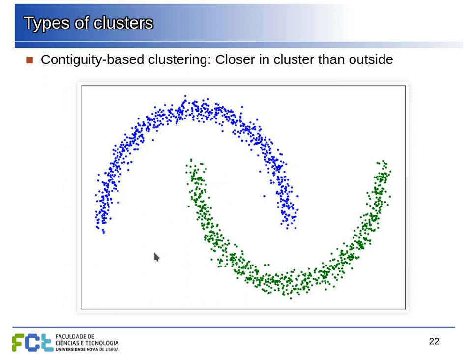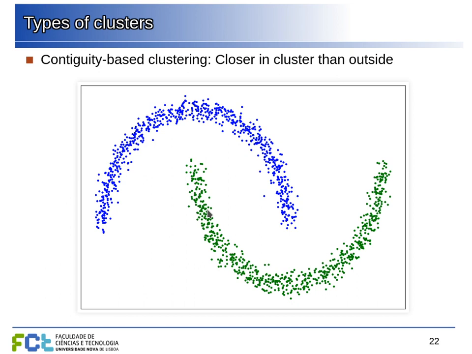So in this case, we can do something different, for example, using contiguity-based clustering, where we are grouping points together based on the neighbors they have and the sets of common neighbors that we can find. So between this point here and this point here, we can find a path through close neighbors all the way on this curve of points that does not include any point from this green set here.